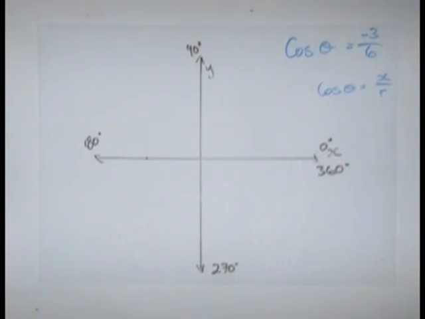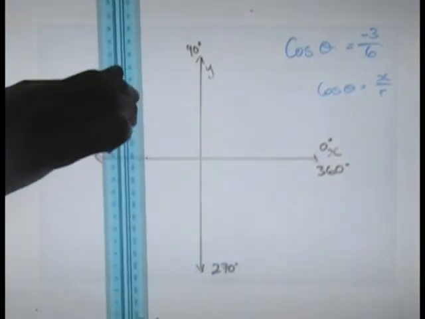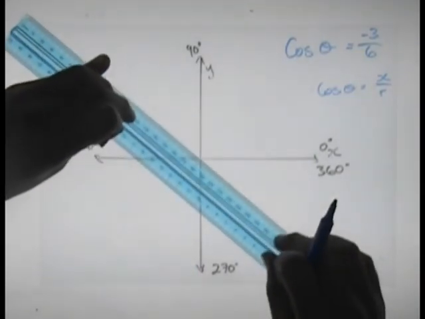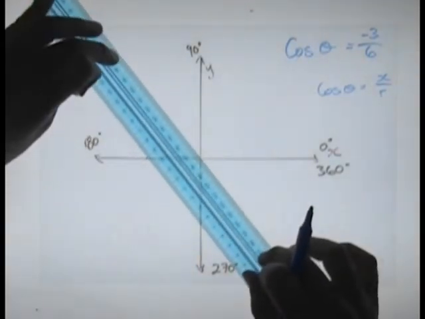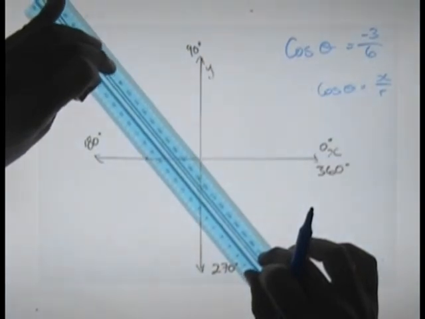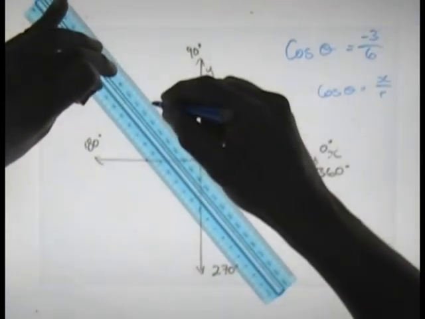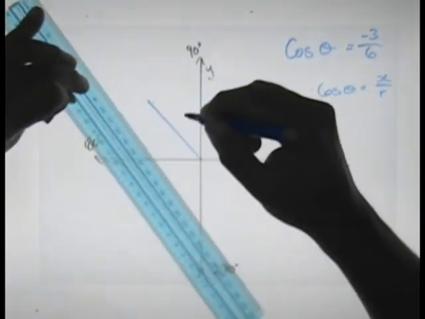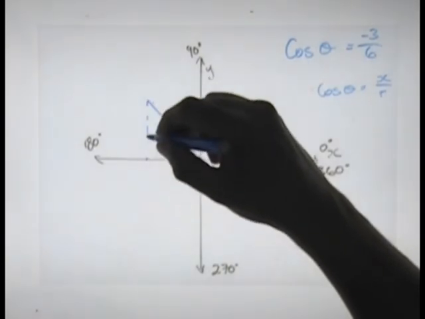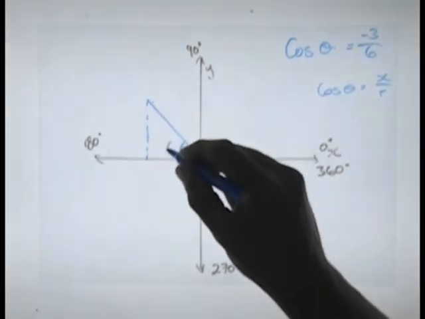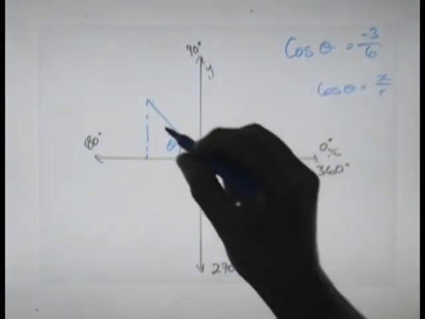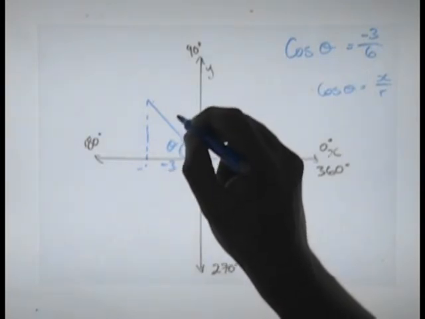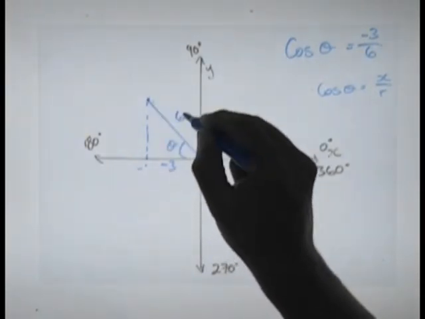Now at negative 3, that's that line over there, x is equal to negative 3. Our r value is equal to 6. So that means that we are working with that angle over there, which is a theta of x value negative 3 and an r value of positive 6. Remember, r is always positive.